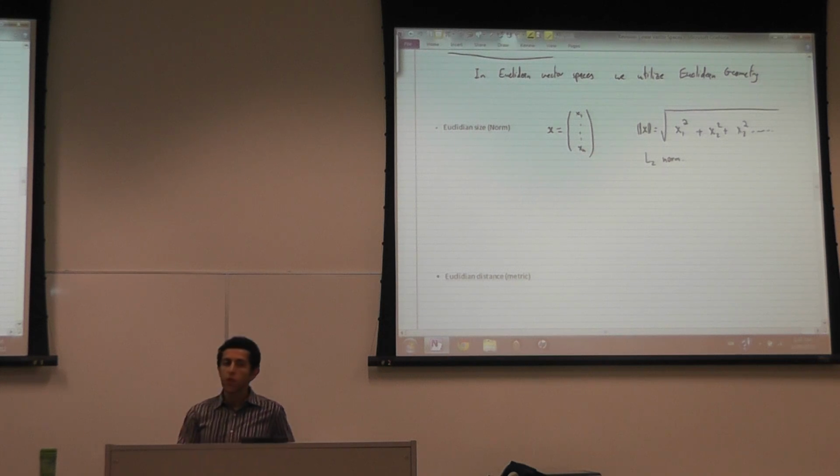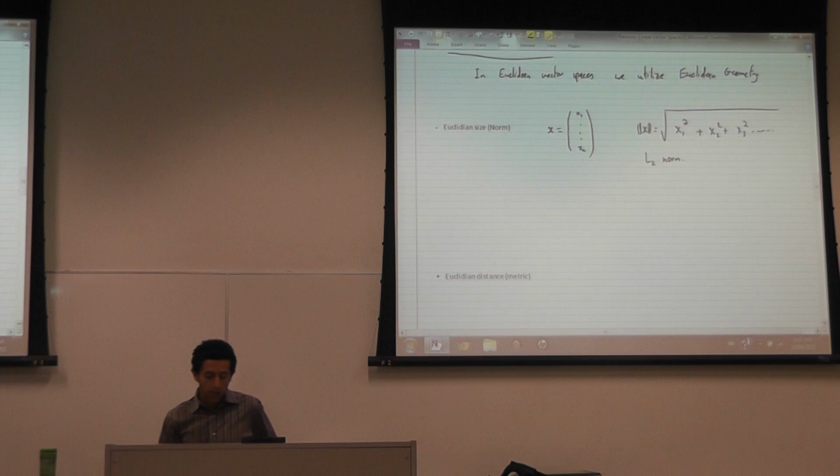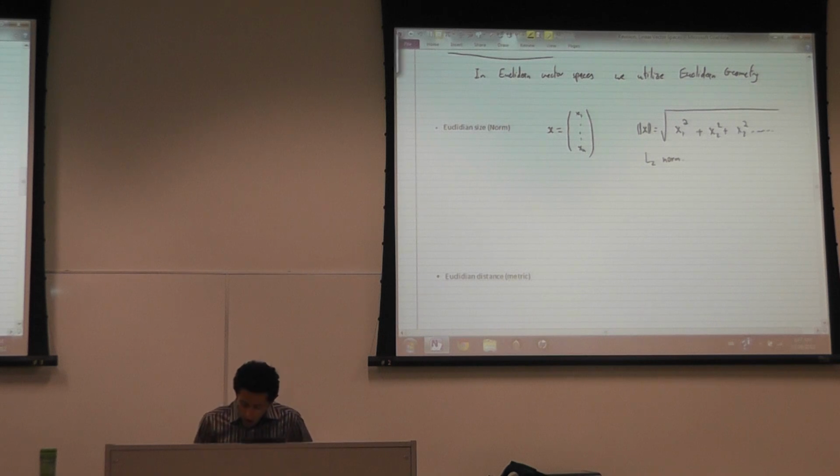Now this is not the only way I can measure sizes. I can measure the size of a vector using what is called the L1 norm, because some finite element analysis software will tell you it's using the L1 norm or the L infinity norm to measure how good of an approximation you have.